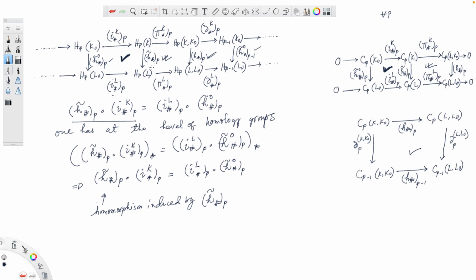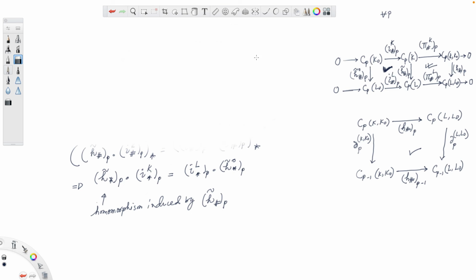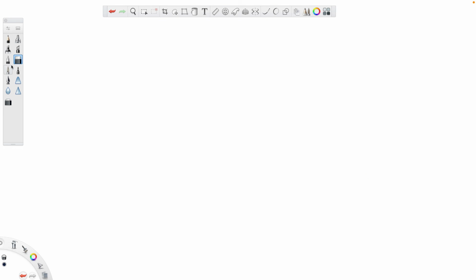Now at this stage I need to review a few facts from the discussion on generic chain complexes and chain maps. Let me erase everything. So we have been able to prove part A. I'm trying to prove lemma 2, right?